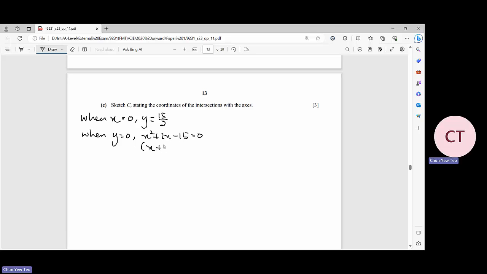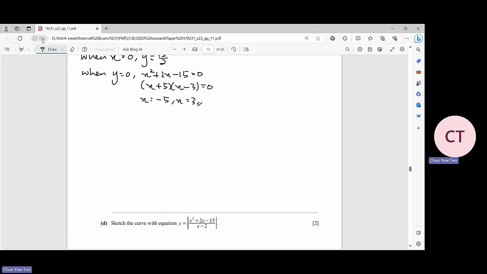You factorize it: (x plus 5)(x minus 3). Then you get x equals -5 and x equals 3. Okay, so these are the intercepts, the intersections with the axes. So now we are ready to sketch a graph.